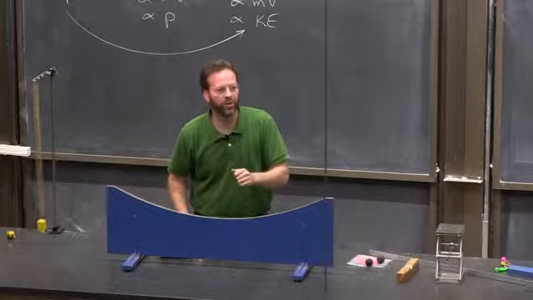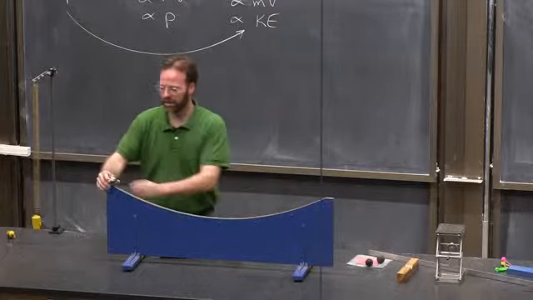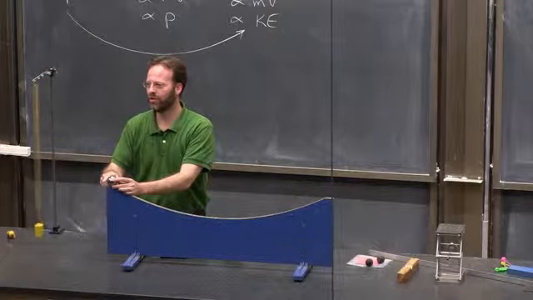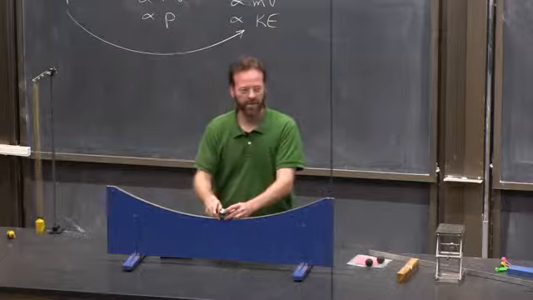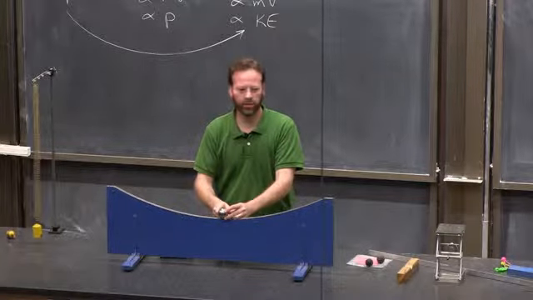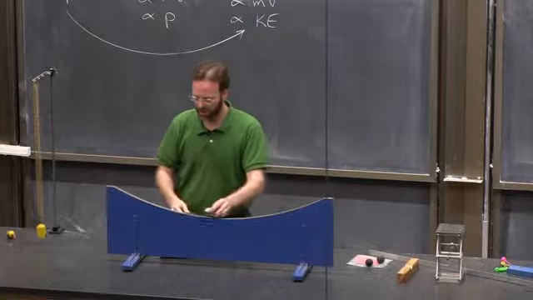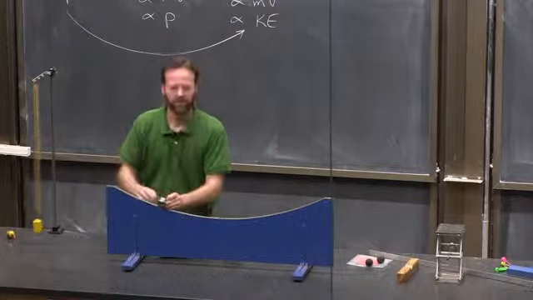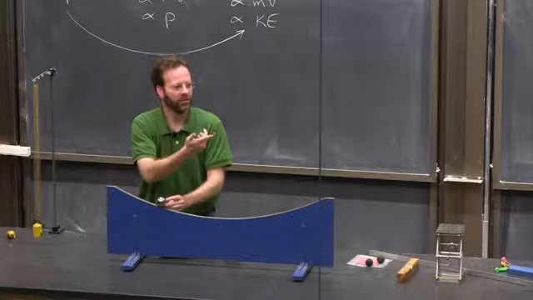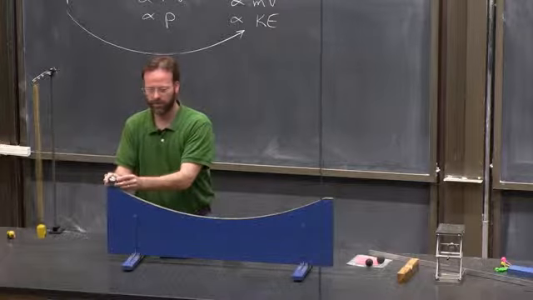Total energy is always conserved. Here it has gravitational potential energy, right? But no kinetic. Here it has kinetic, but no gravitational potential. So the total, they just kind of swap. What about right here? What kinds of energy does it have? Right there. Both. How does the gravitational potential energy here compare to here?